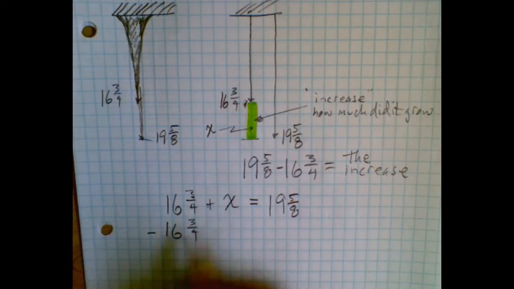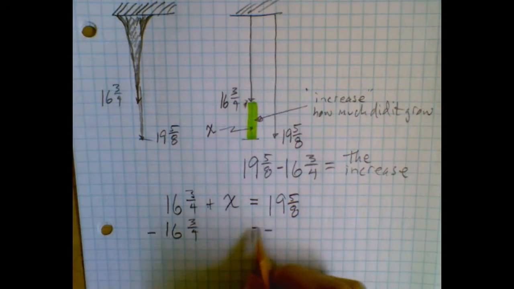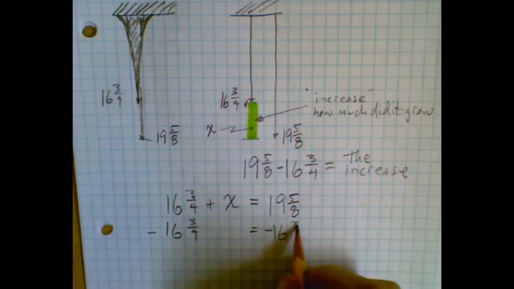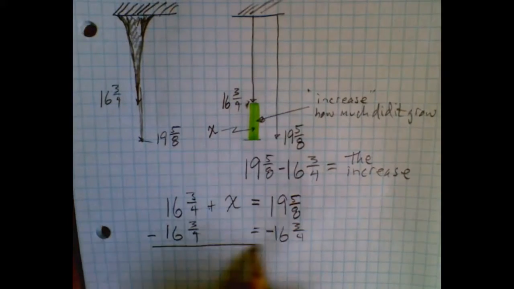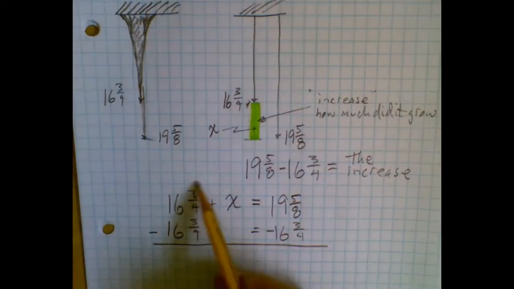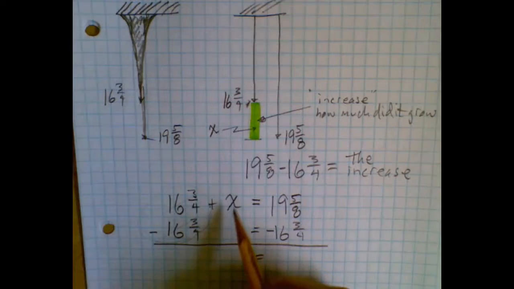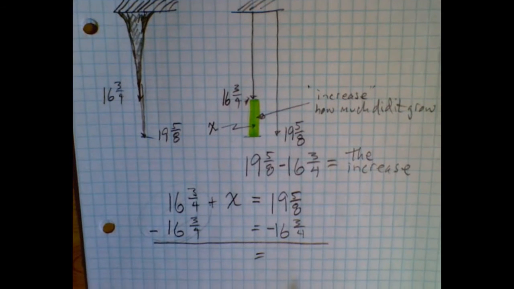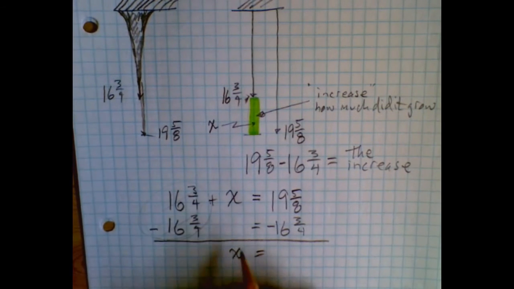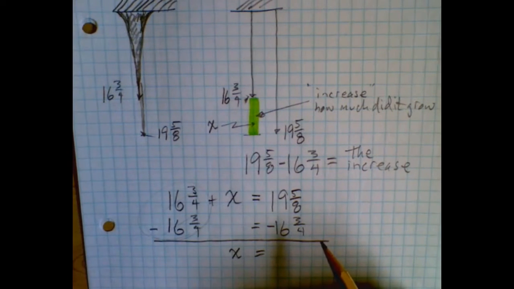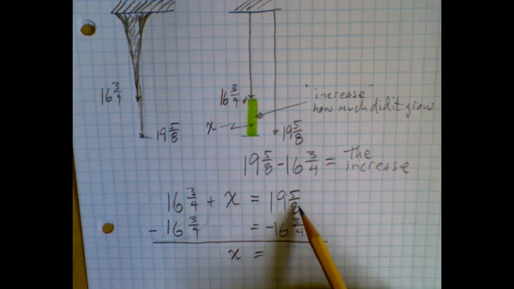If I subtract 16 3/4 inches from this side, I'm going to have to subtract 16 3/4 inches from this side. When I do this, these two terms are going to cancel each other out. The only thing remaining on the left side of the equal sign is my x. On the right side, I have 19 5/8 inches minus 16 3/4 inches.